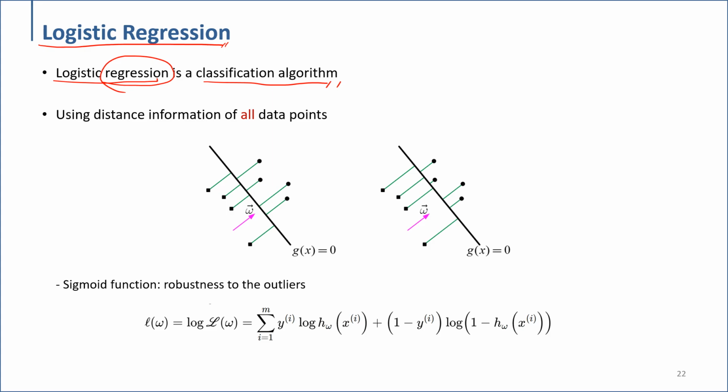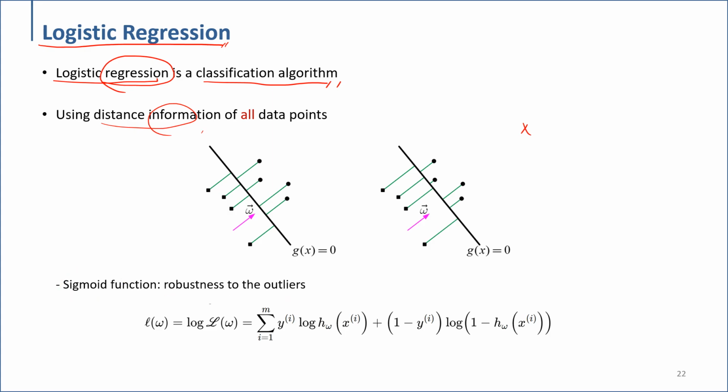The idea of logistic regression is using the distance information of all data points. Instead of just measuring the margin or the two closest data points, we used all the data points and all the distance information to decide the decision variable. Also, in order to make logistic regression more robust to outliers, we introduced a new function called the sigmoid function or logistic function.